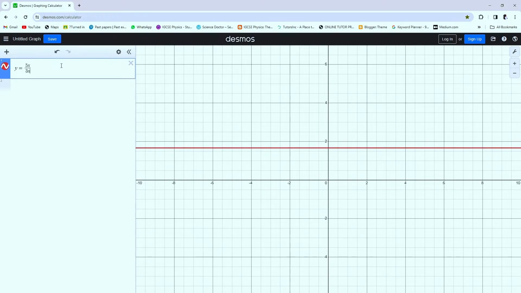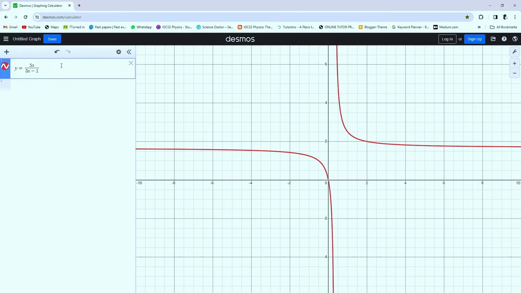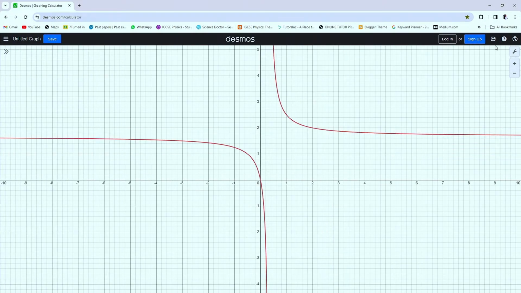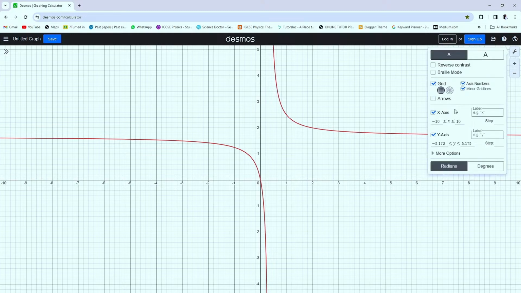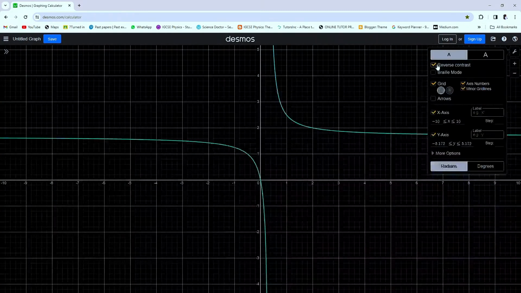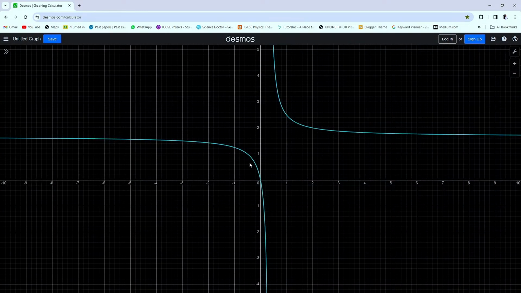So you can see the graph that we have just obtained. Yeah, in Desmos, this is the graph we have just obtained.